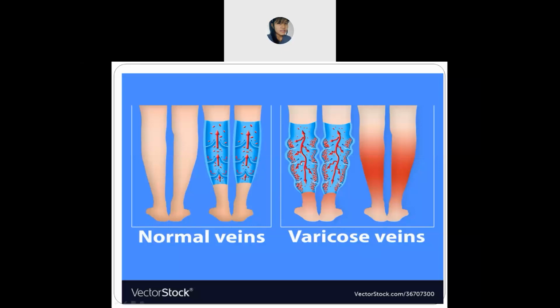But in the varicose vein, they are twisted around each other. It mainly occurs in the superficial veins, and it mainly affects the leg areas.